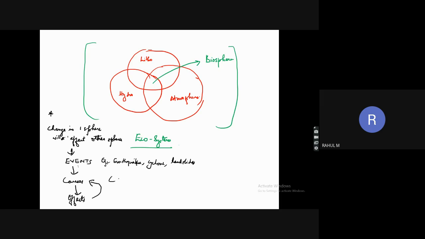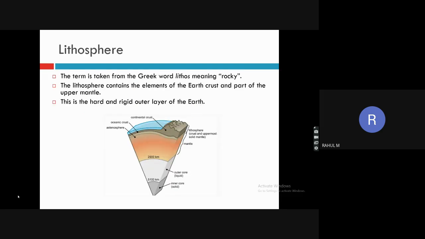Tsunami is an example for this. Okay, no doubts? Fine. So we'll move on to the first major topic, which is your lithosphere.